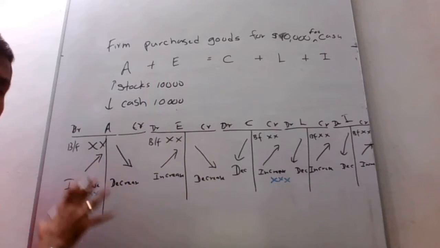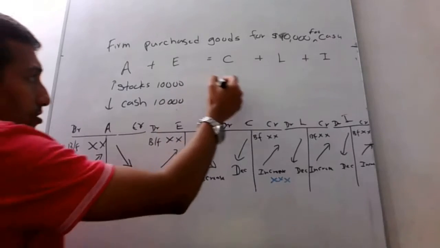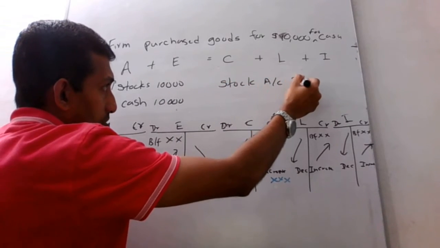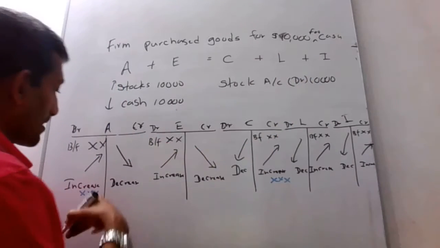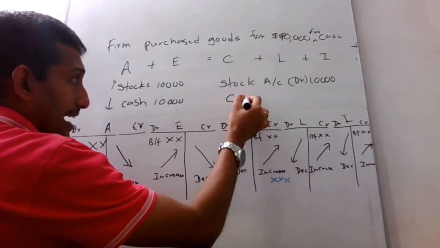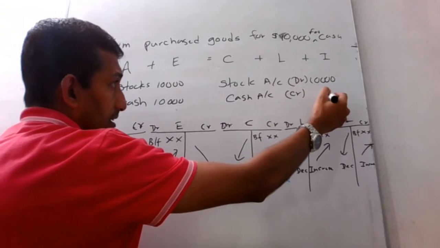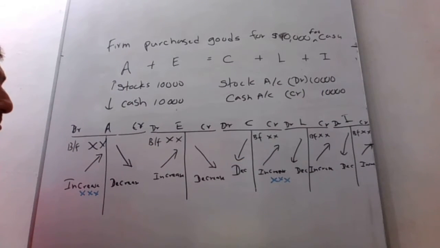So if I apply this rule, your asset increases, so the stock account increases, so you debit 10,000. At the same time, you reduce one of your assets, cash, so your cash account credit 10,000. So you record that as well.